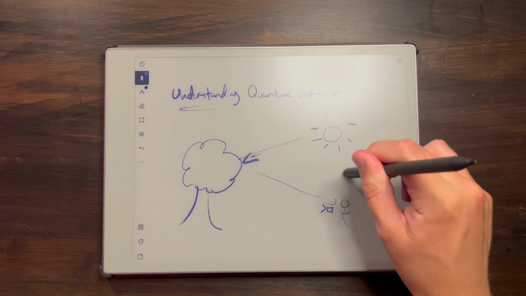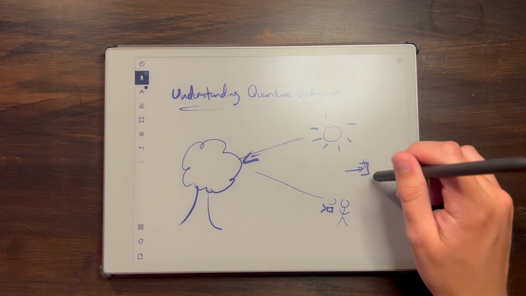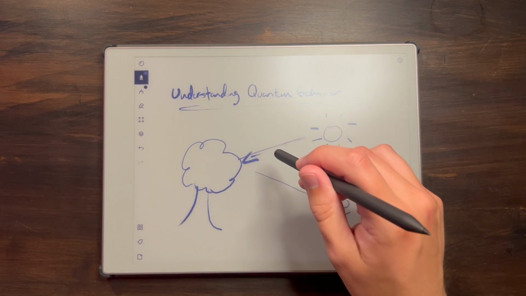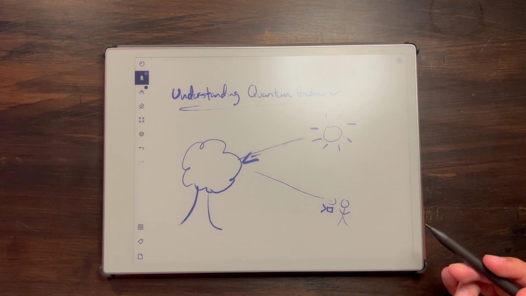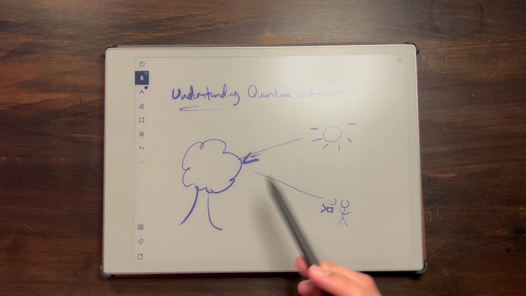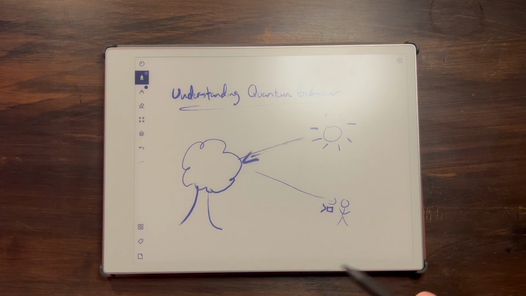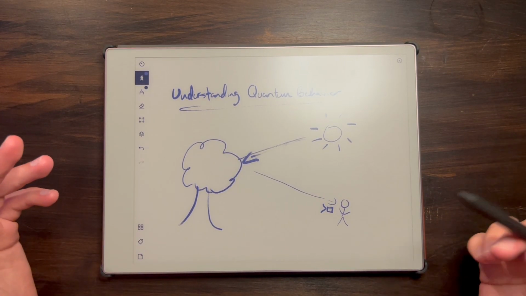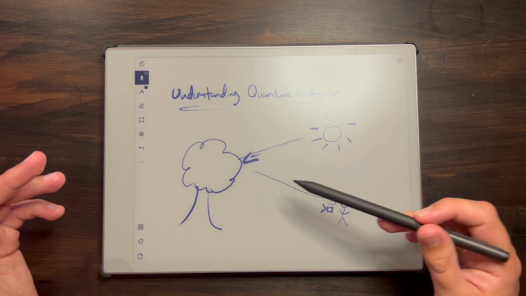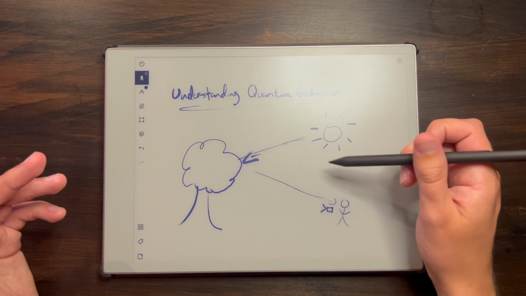However, let's think about another case, in a different way. So this tree is going to be green, right? The reason that we know it's green is because we've measured it to be. We see the light reflecting off of this tree, and it's a specific wavelength.